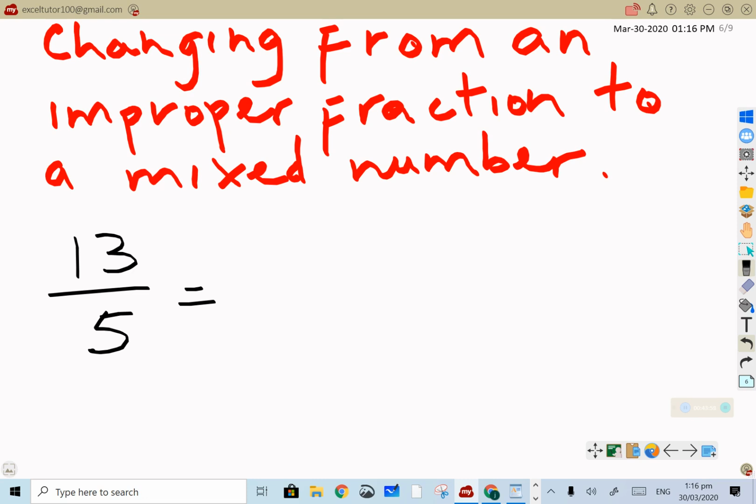Here we have 13/5, and we're going back to the topic, changing from an improper fraction to a mixed number. So this obviously is an improper fraction, 13/5, and we're going to change that to a mixed number.